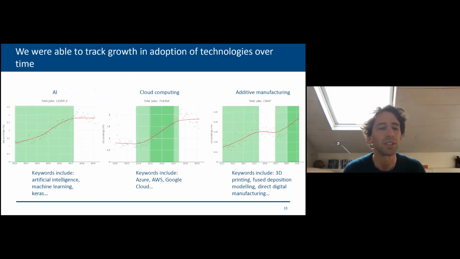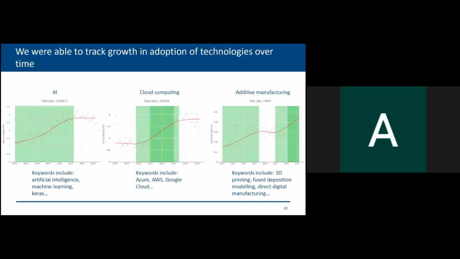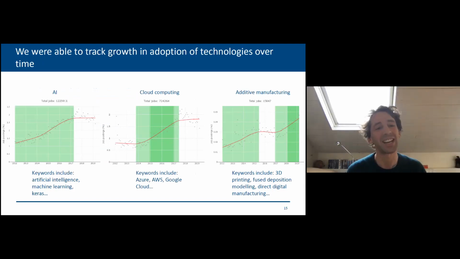We found that AI grew fast between 2012 and 2017 as a share of all vacancies, but plateaued since. Cloud computing related skills grew between 2014 and 2017 in particular, plateaued before and after, while additive manufacturing, which covers the 3D printing related skills, grew throughout the period apart from a short plateau in 2016.